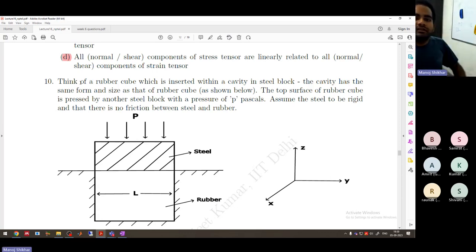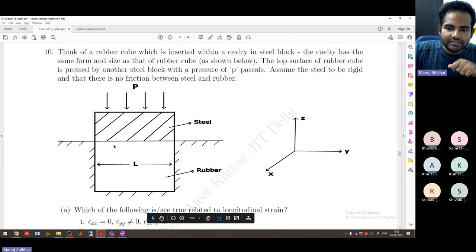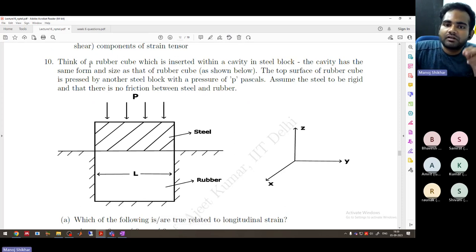So what have they given? They have given a question where there is a cavity here, and this cavity they have filled with a rubber cube, and the size of the cavity is the same as the size of the rubber cube.